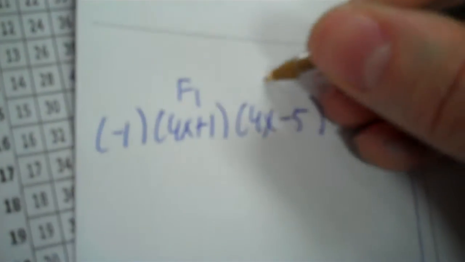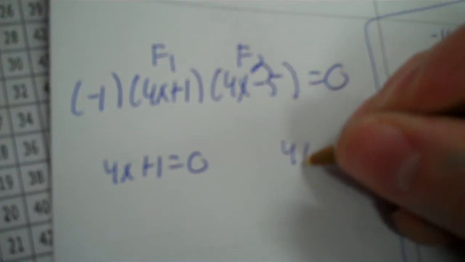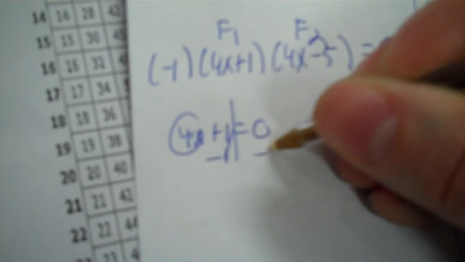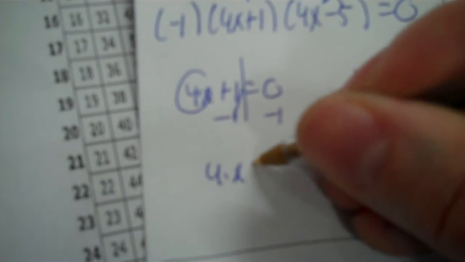Okay, now this has no x, so I do not use it to solve. Okay, so 4x plus 1 could equal 0, or 4x minus 5 could equal 0. Here there's no x to solve for. So minus 1, that takes me to negative 1. Divide by 4, negative 0.25, or you can put negative 1/4.